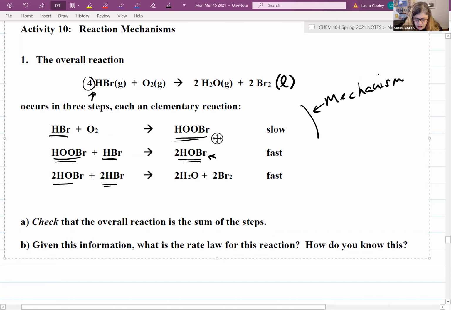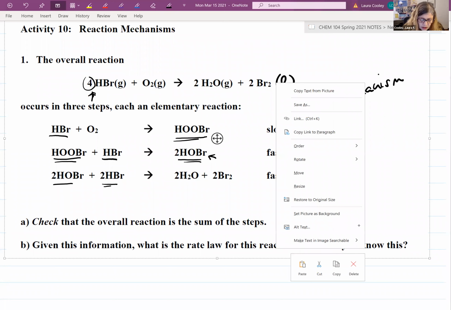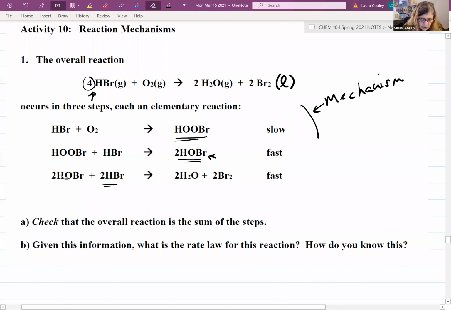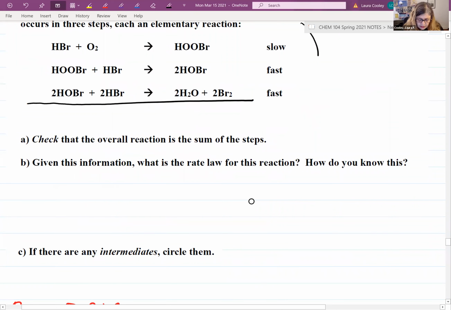So let's first of all, one thing I ask you to do a lot is to check that the overall reaction is the sum of the steps. So it would require us to add this up. Okay, but down here further, it says, if there are any intermediates, circle them. If there are any catalysts, put them in a box.